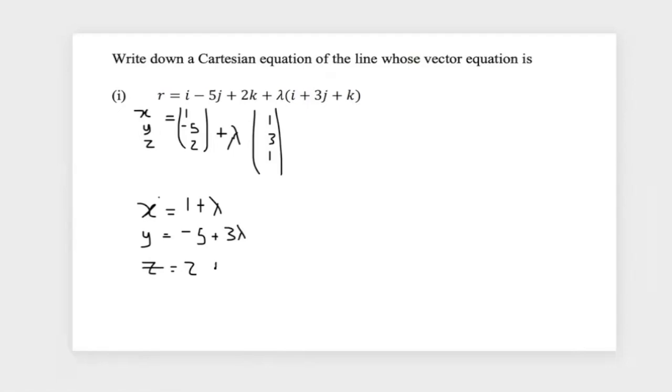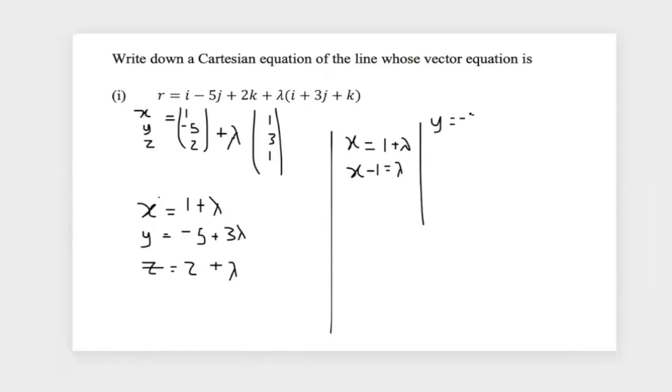Once we have that, then we can proceed to write the Cartesian equation, where we have x equal 1 plus lambda. Carry over the 1, so we have x minus 1 equal lambda. And then the next one, I would have y equal minus 5 plus 3 lambda.